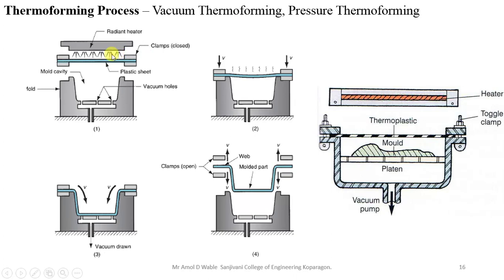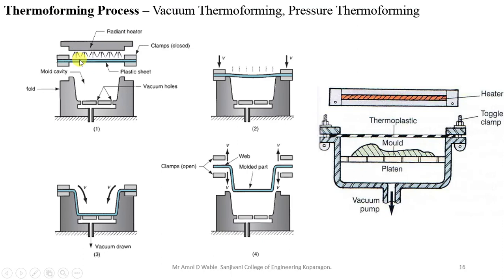So the figure seen on the screen is called vacuum thermoforming. Here a clamp grips the plastic sheet, having a thickness of about 0.125 to 3.2 mm, around its circumference.